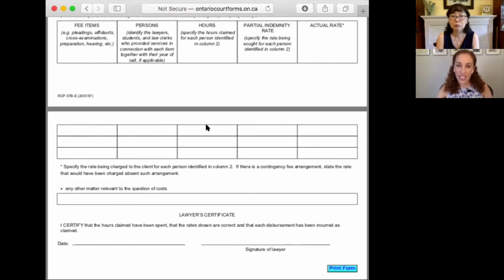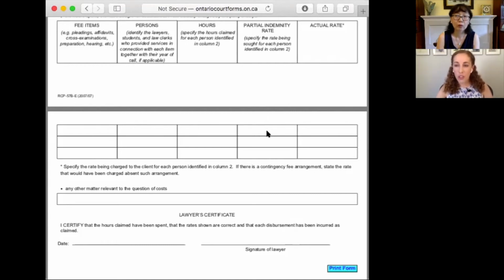And then here you would put the hours. So Heather Douglas and then another law clerk put the hours, and partial indemnity rate. Then I would put the amount. So if I'm billing at $100 an hour, partial indemnity is usually calculated around 50 to 75%.